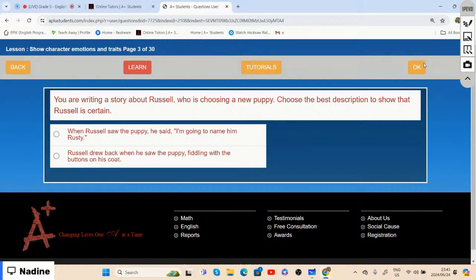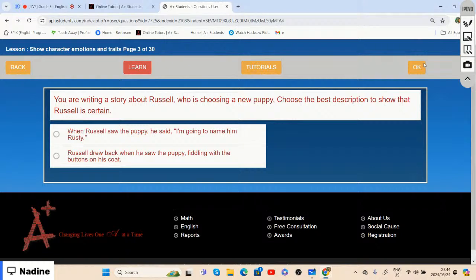All right, the next one says you are writing a story about Russell, who is choosing a new puppy. Choose the best description to show that Russell is certain, right? That he's certain that this puppy that I'm choosing is the right one.